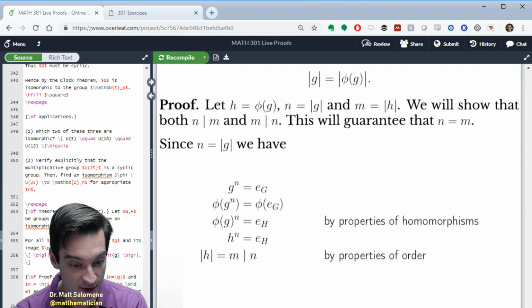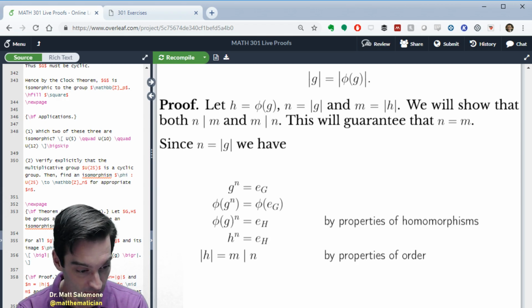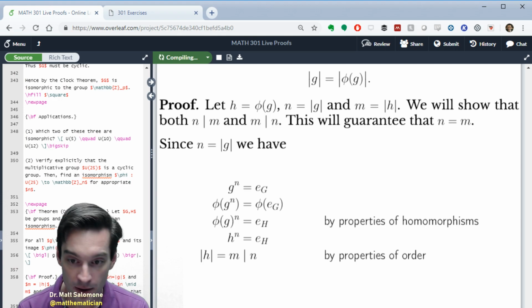Now, since phi is an isomorphism, there exists an inverse function, phi inverse, from H to G, and, moreover, g is equal to phi inverse of h. Right?